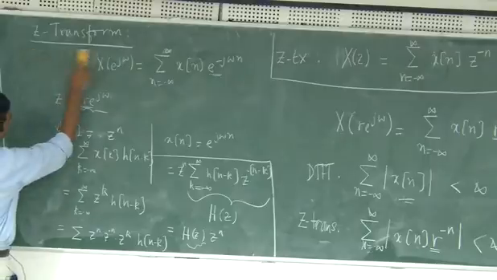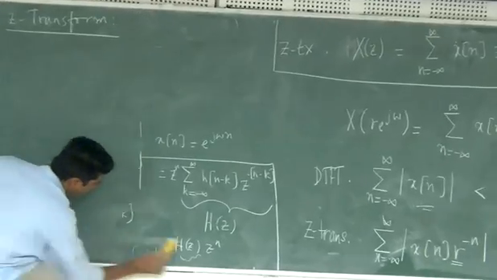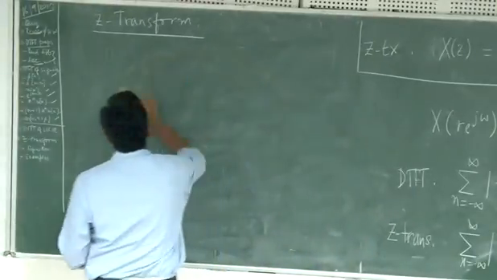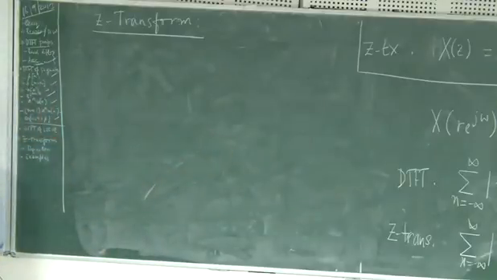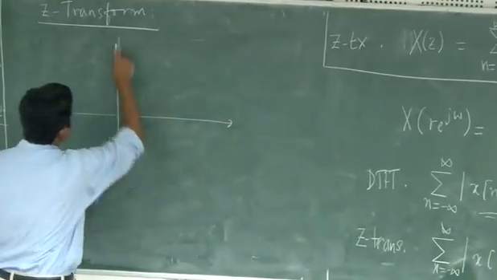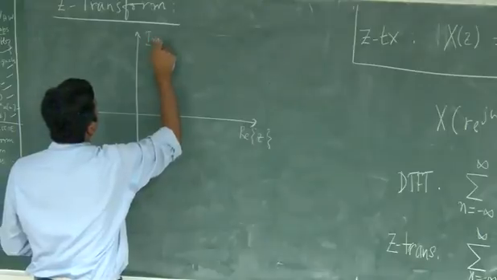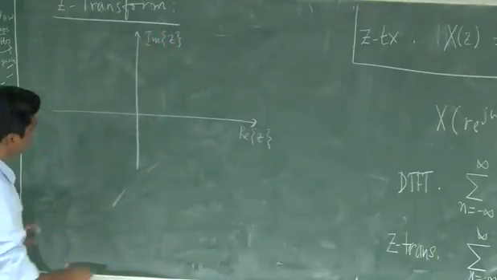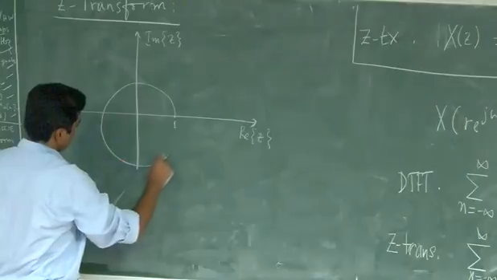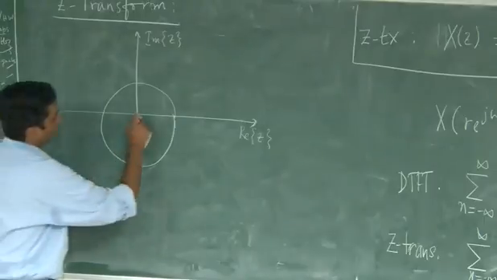Okay. Now let's see some interesting relations between the DTFT and the Z transform. We've seen one already. So if I have the complex plane, assume that this is a circle for now, but this is the unit circle, okay?